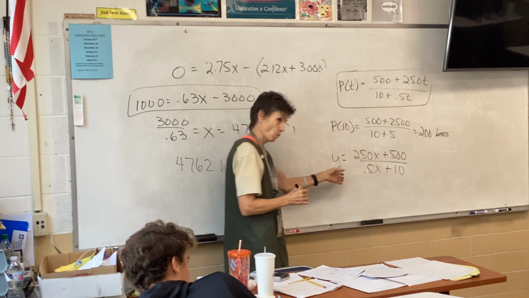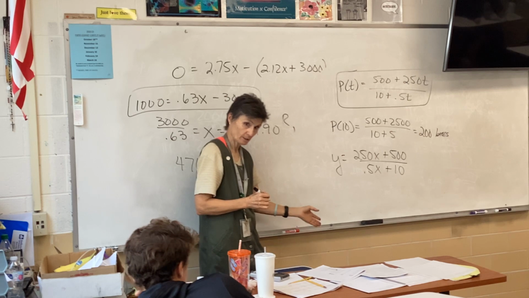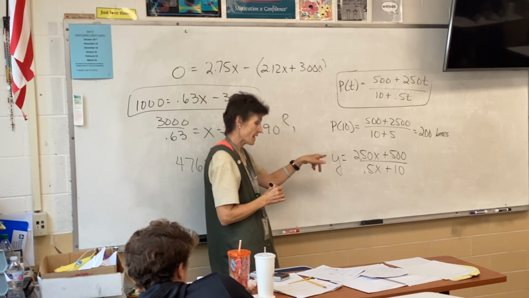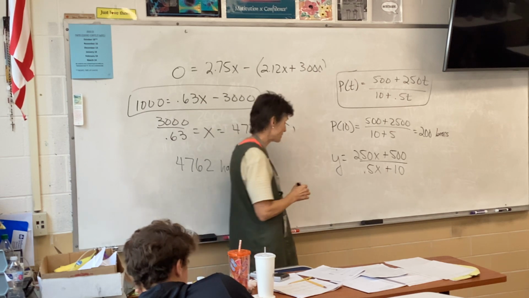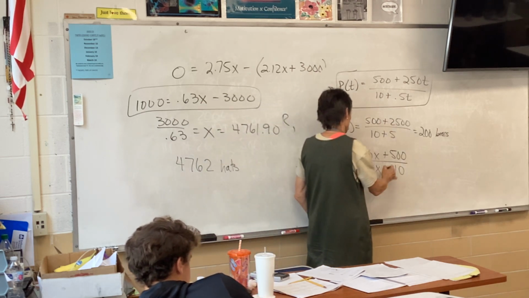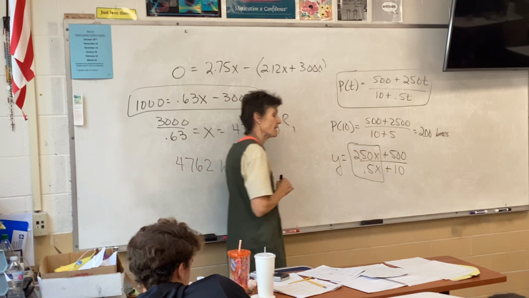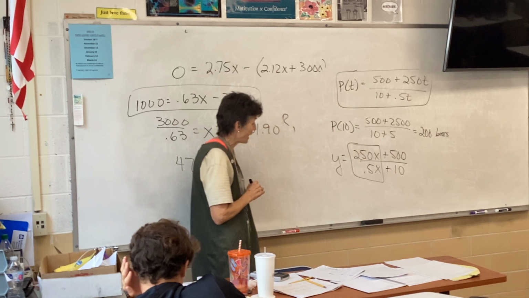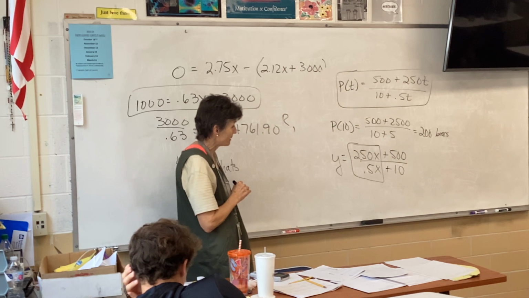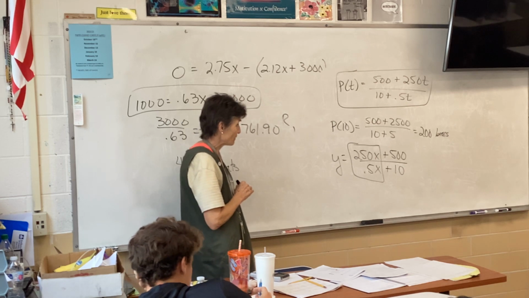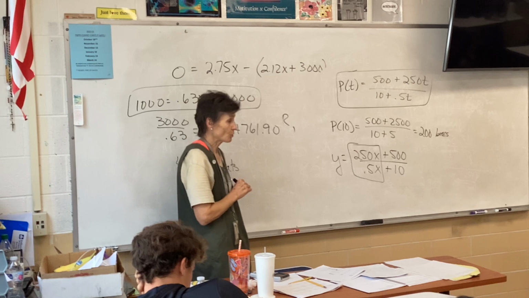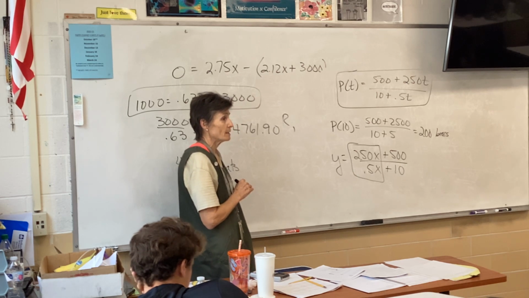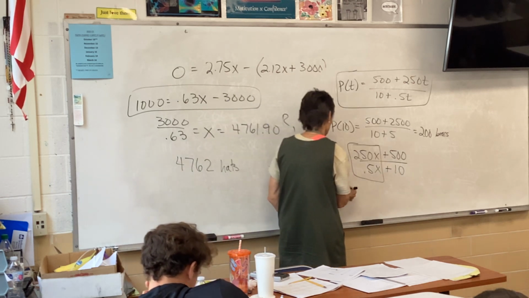There it is, looking more like an equation like we looked at. Does that have a horizontal asymptote? Yeah. It absolutely does. Those powers are the same. So your horizontal asymptote is going to be 250 divided by 0.5, so 500. So your horizontal asymptote is at y equals 500.